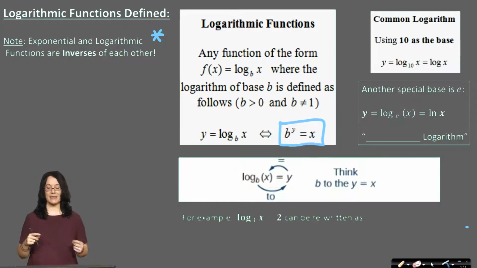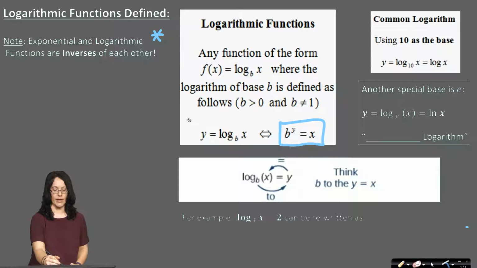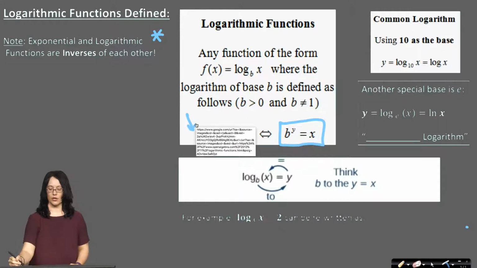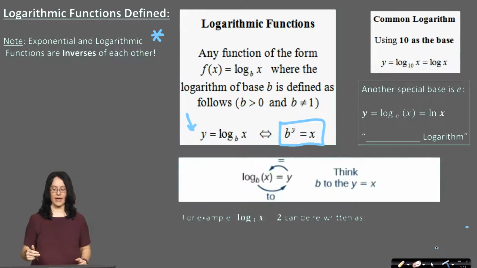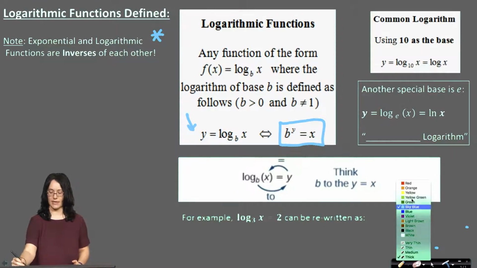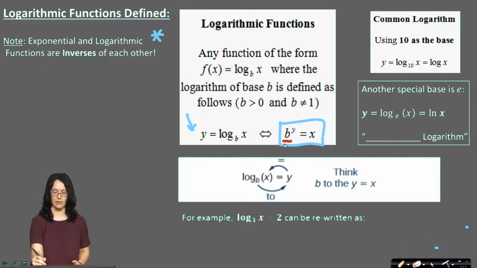So if we had b to the x equals y, we can actually rewrite that as a logarithm. The way we do it is we write y equals log base b of x. So all we do is we take our base that we had previously in our exponential, and we now make it the base of our logarithm. So it's like a subscript, smaller font below.